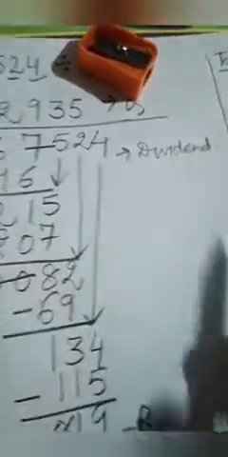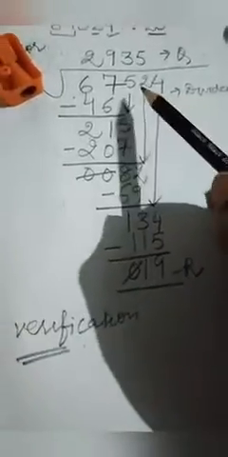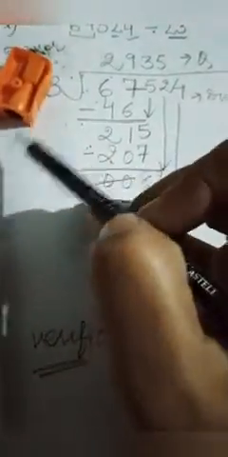Now we have to verify our answer. How will we verify our answer? Verification. As we have already done, how to do verification? Quotient will be multiplied by divisor.